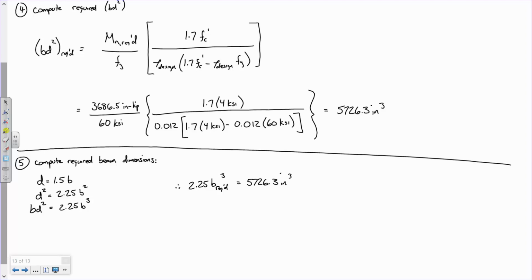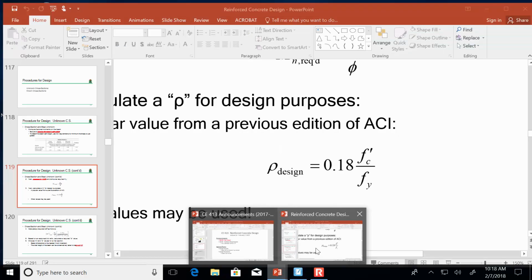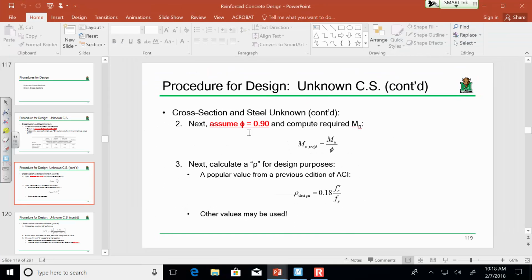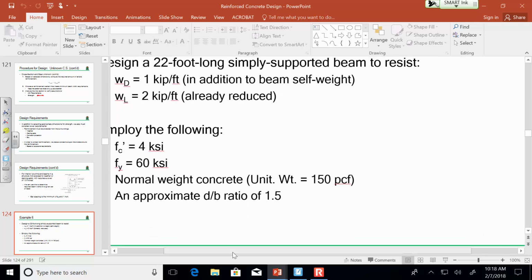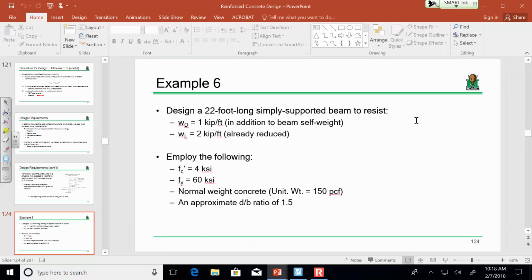Right? Because, I mean, that's what we've got here. We've got BD squared equals that. If A equals B and B equals C, then A equals C, right? Yes? Where did we get started with D equals 1.5B? That was one of the assumptions in the problem, hold on. That was right here. We're going to assume an approximate D over B ratio of 1.5. That's a good question.